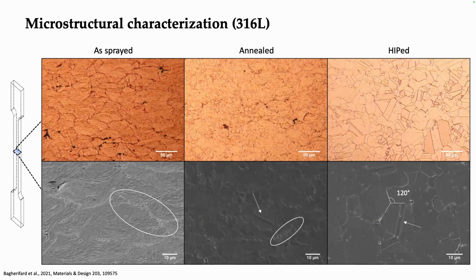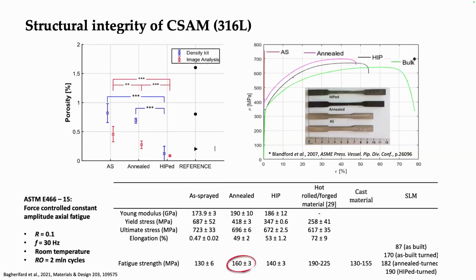The interface between the particles is where we have sometimes limited bonding or the presence of pores. But with the heat treatment, atomic diffusion is promoted, the metallurgical bonding is increased, and the porosity is decreasing.